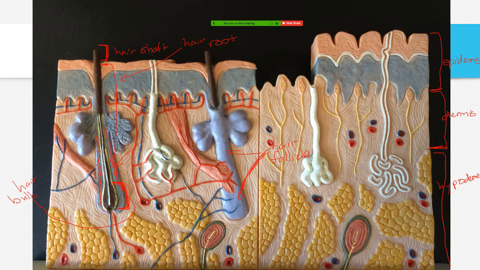Okay. What are these structures here? You notice that they're found in the papilla of the dermis. They're also for the sense of light touch.